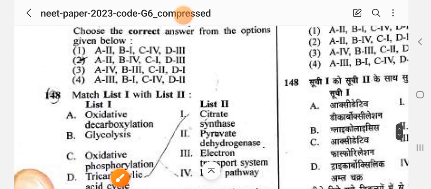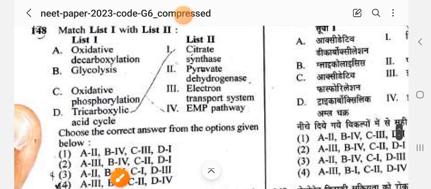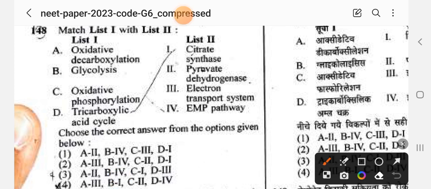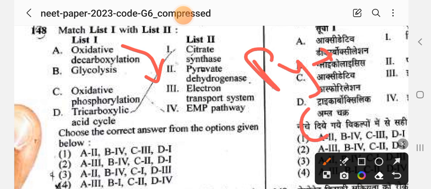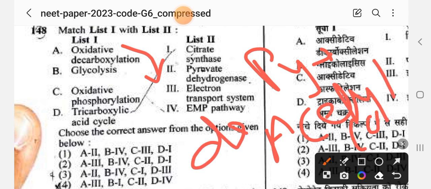So coming to the next question, फिर से मैच करना है, तो ऑक्सीडेटिव डिकार्बोक्सिलेशन जो है उसमें सेकेंड आंसर होगा, पायरुवेट डिहाइड्रोजिनेज जो होता है उसमें, पायरुवेट से जब ये एसिटाइल कोएंजाइम ए बनाएगा, तो इसमें डिकार्बोक्सिलेशन होता है. तो दिस इज सेकेंड, सो फर्स्ट एंड थर्ड आंसर में से कोई एक होगा. तो ग्लाइकोलिसिस को ईएमपी पाथवे कहते हैं, तो बी इज फोर, ओके.